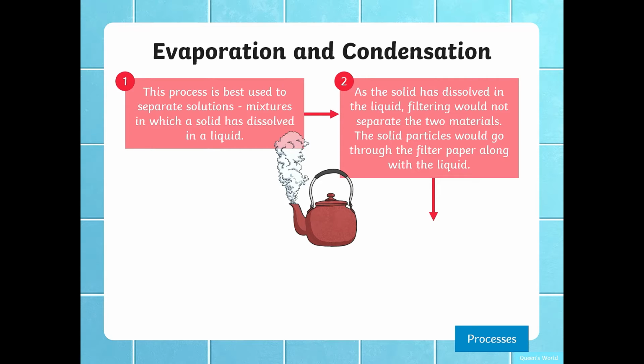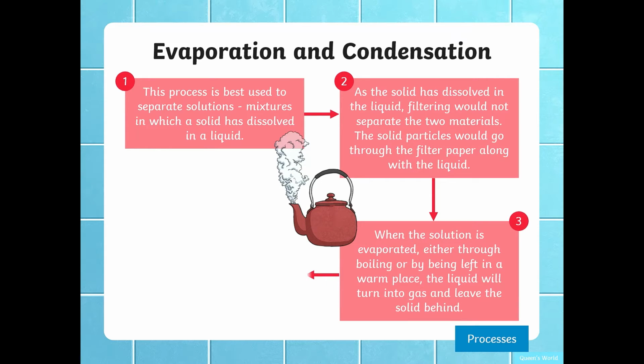The solid particles would go through the filter paper along with the liquid. When the solution is evaporated, either through boiling or by being left in a warm place, the liquid will turn into gas and it will leave the solid behind.